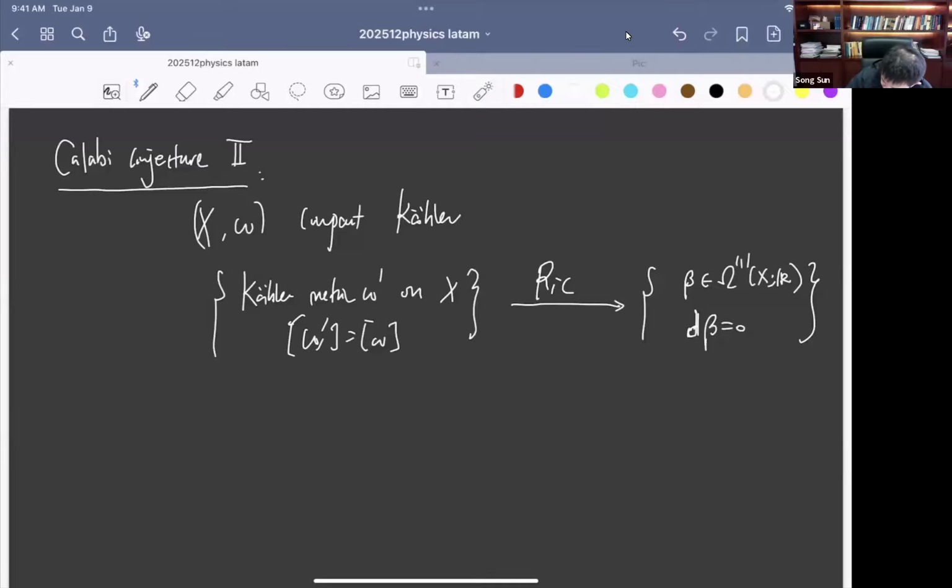So the beta represents the 2 pi first Chern class.